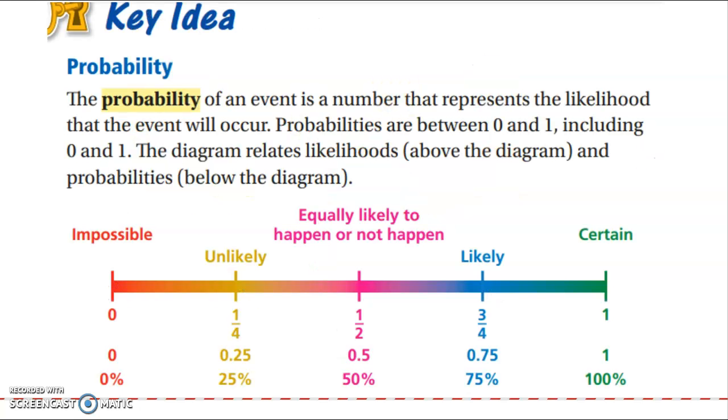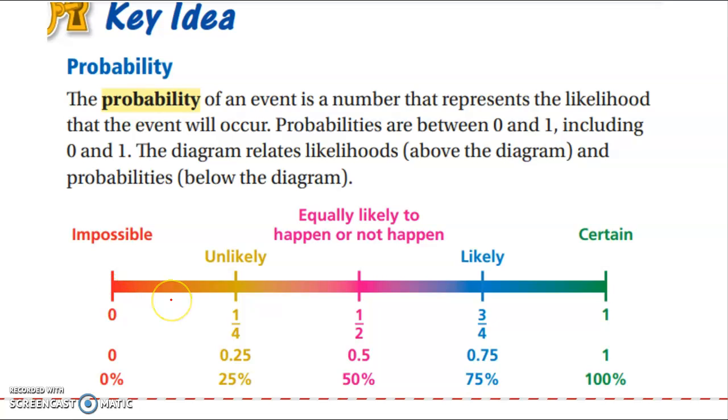The next part, probability. The probability of an event is a number that represents the likelihood that an event will occur. Probabilities are between 0 and 1, including 0 and 1. The diagram relates likelihood above the diagram and the probabilities below the diagram.